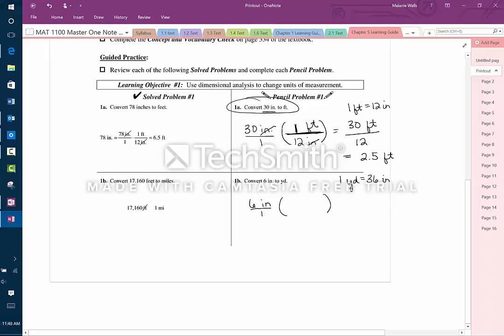Now if we're wanting to go from inches to yards, we're getting rid of inches. So the 36 inches is going to go in the denominator. 1 yard will go in the numerator. Cancel out any common factors. So here we've got inches and inches will cancel out. We can also go ahead and cancel out a common factor of 6, which leaves me with 1 in the numerator and 6 in the denominator.